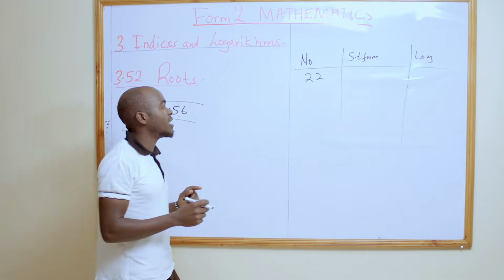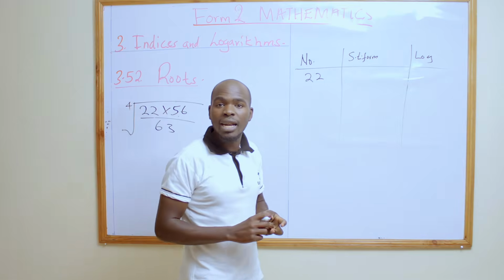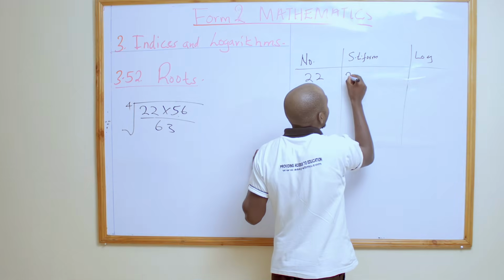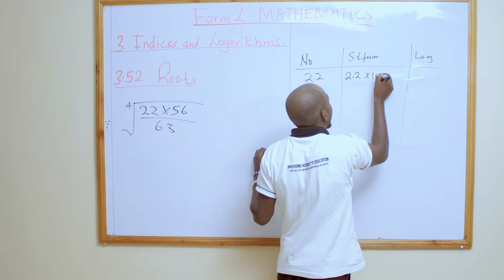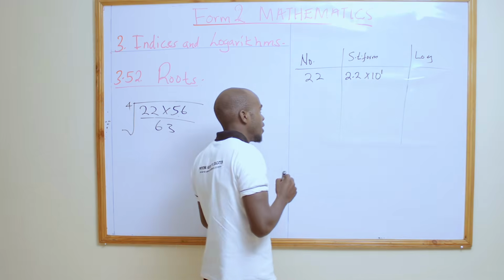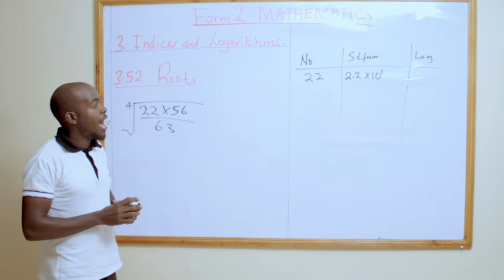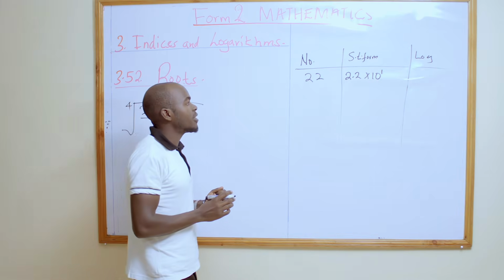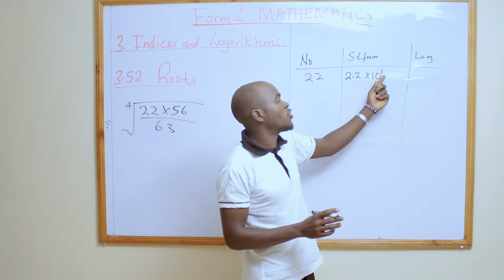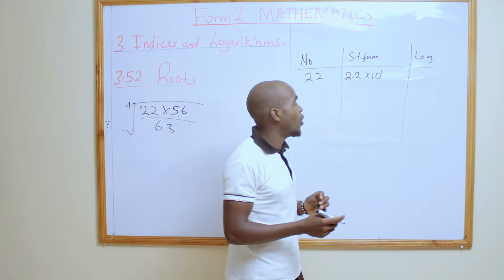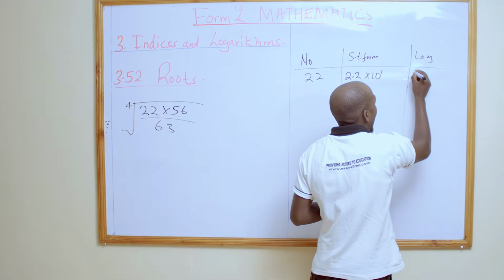We write it first in standard form. And remember, in writing in standard form, we shall be involving indices, such that we shall have 2.2 multiplied by 10 raised to power 1. Since 22, if you write in standard form, you will get that. And remember, the 10 raised to power 1 will form the characteristic part of our logarithm, whereby we shall have 1.